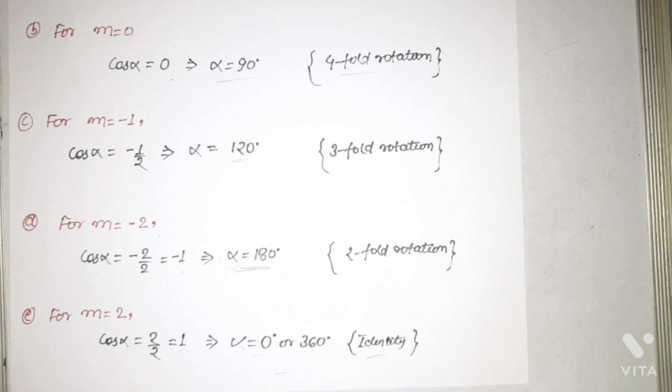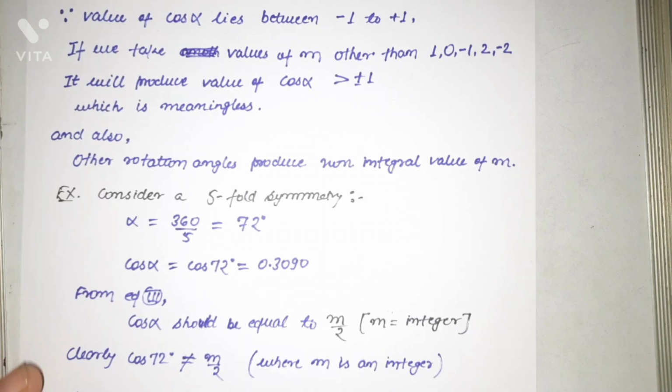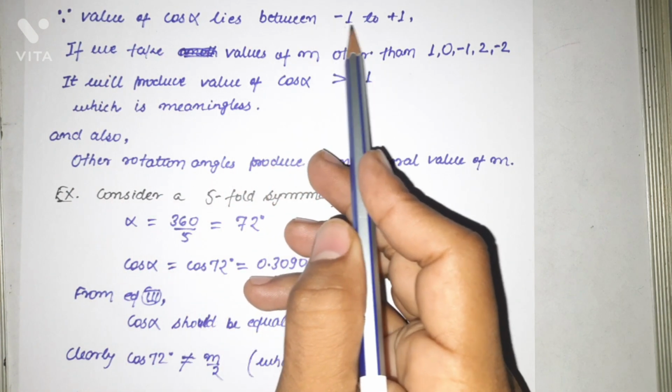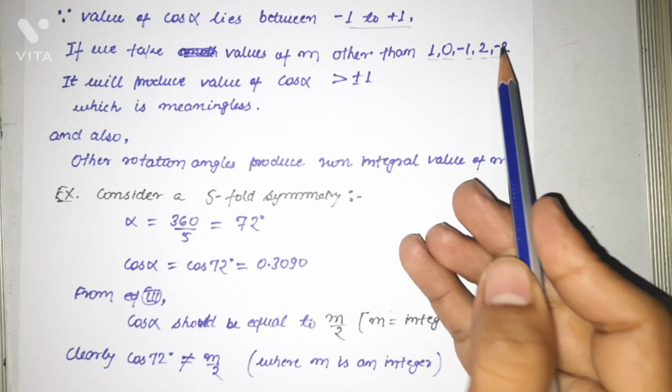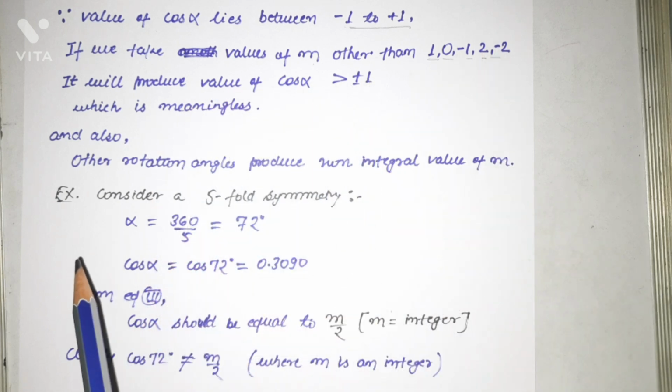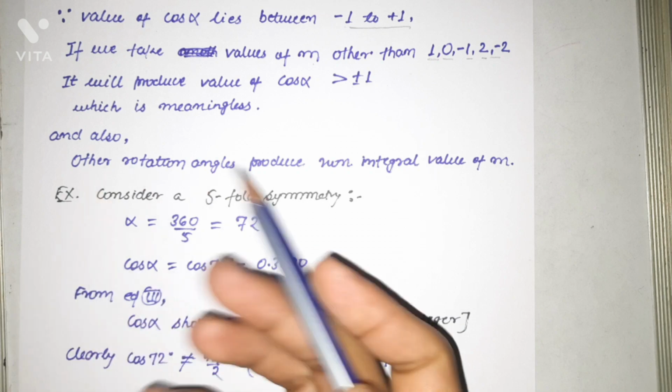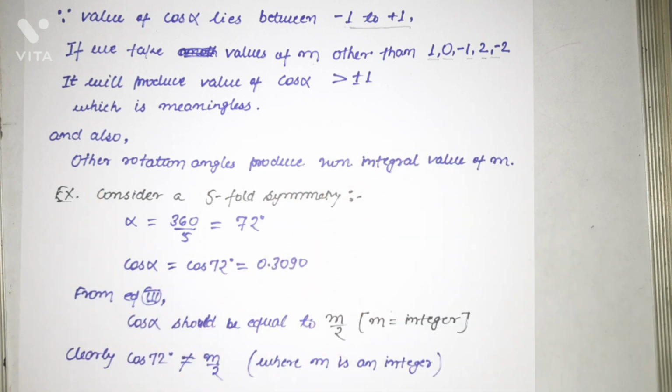Now, all these values of m, 1, 0, -1, -2 and 2, are integers, and these are the only possible values for any crystal, because other than these angles, the value of cos alpha will be greater than +1 or less than -1. Since the value of cos alpha lies between -1 and +1, if we take values of m other than 1, 0, -1, 2, -2, it will produce a value of cos alpha beyond plus or minus 1, which is meaningless and mathematically wrong.